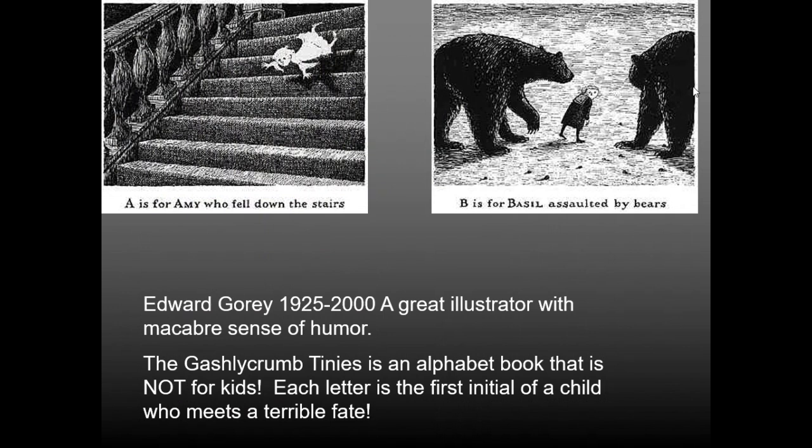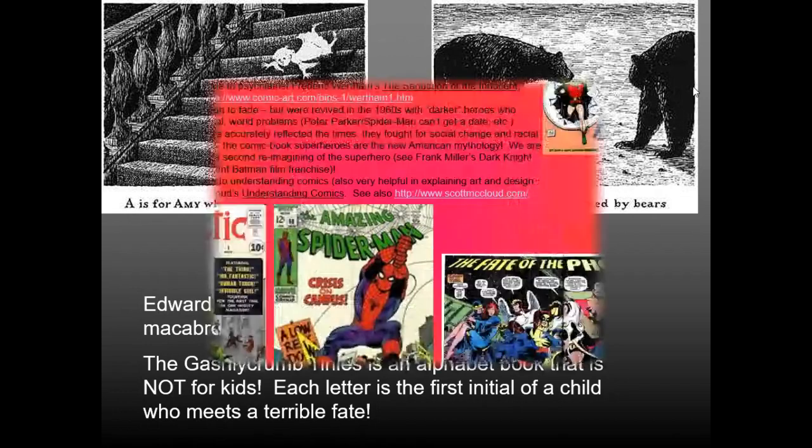It's written in a very rhythm and rhyme based style, and it's about 26 little children who all fall into terrible fates. So A is for Amy, who fell down stairs. B is for Basil, assaulted by bears. It's very darkly humorous, but it's done with a very intense level of pen and ink hatching to create the effects of light to dark value.